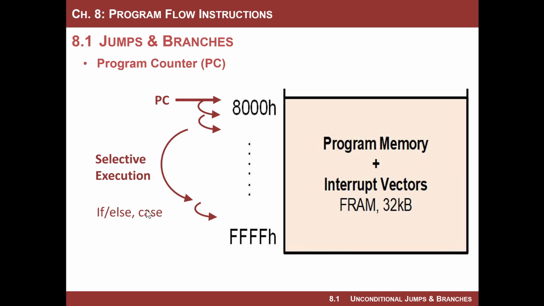A case statement could have potentially, let's say you had 16 cases, you would have the opcodes and operands for all of those cases in program memory, and then you would do these selective executions where you hop down here, execute, and then hop over, okay? So we need instructions to be able to explicitly alter the program counter. And that is this whole notion of jumps and branches.